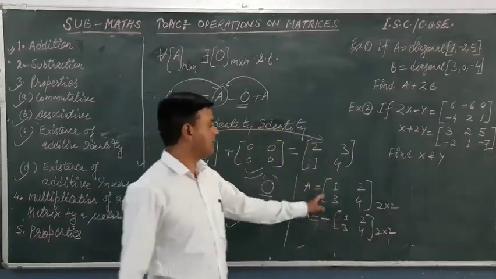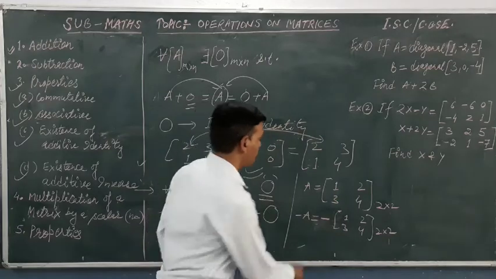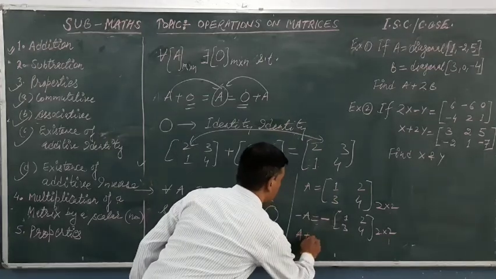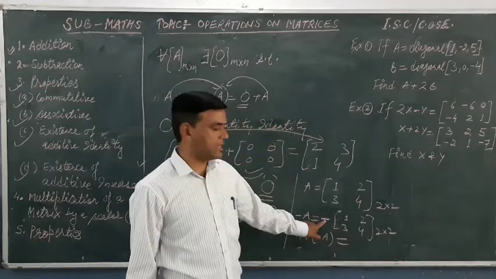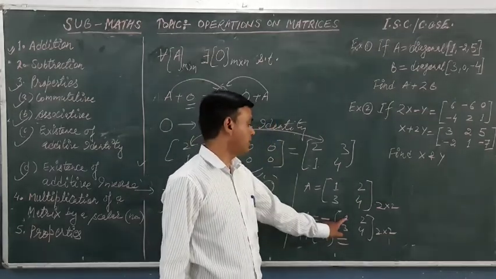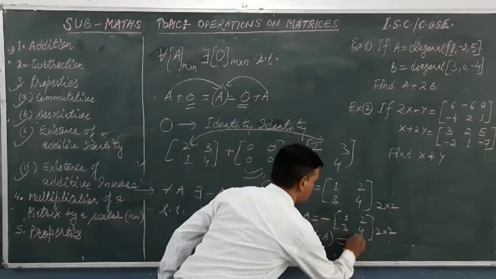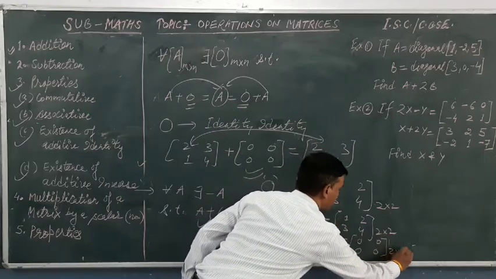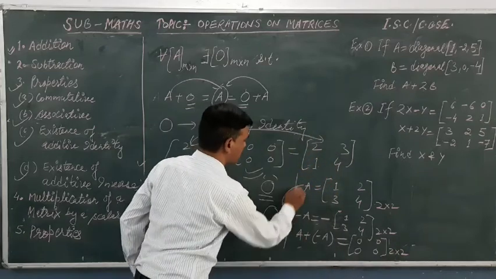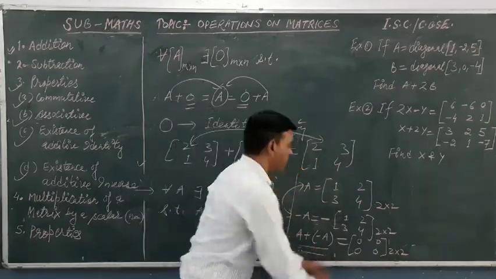If we add these two matrices, we get A plus minus A, and because of the minus sign, 1 minus 1 gives 0, and so on. You will get 0, 0, 0 and 0 of the same order. So adding these two matrices, we are getting the null matrix.